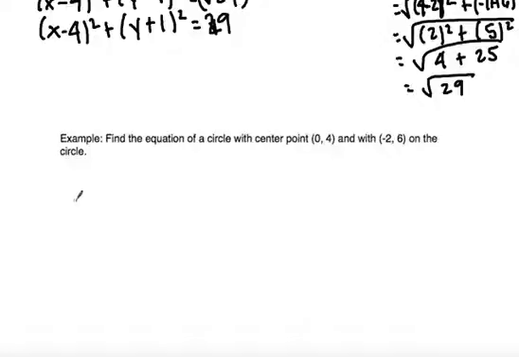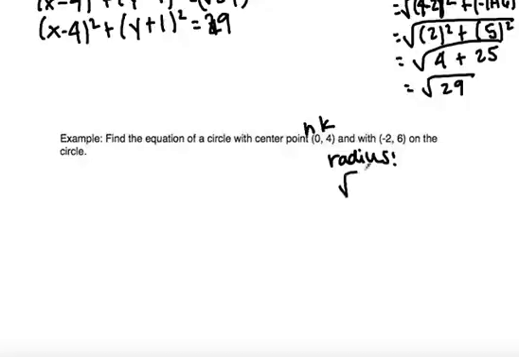I can do the same thing with this next example. It says find the equation of a circle with a center at (0, 4) and with (-2, 6) on the circle. So my center point is my (h, k), but I have to figure out the radius before I can do anything else.